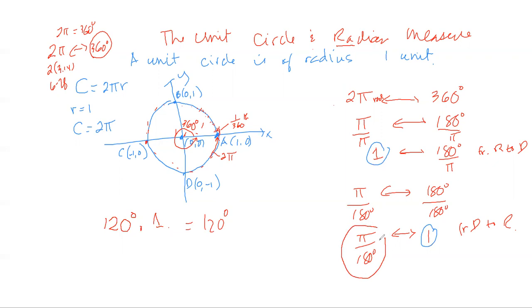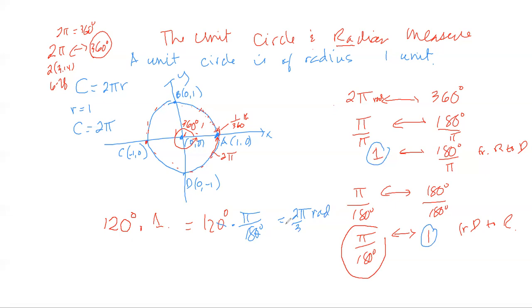So I'm going to multiply this by pi over 180. And I can cancel this, I can cancel that. And 12 and 18, common is 6. I'll have 2 over 3 pi radians. Okay? So 120 degrees is actually equivalent to 2 pi radians.